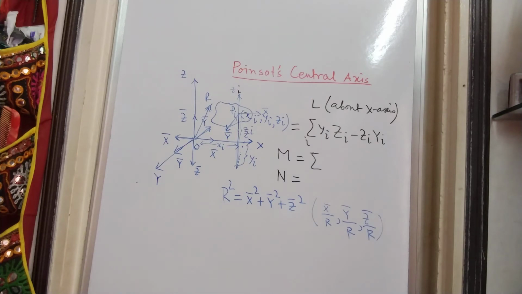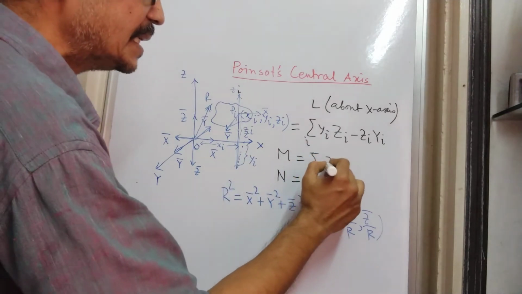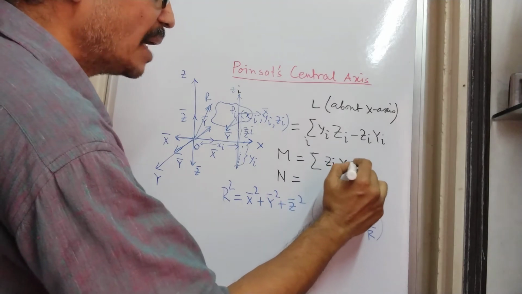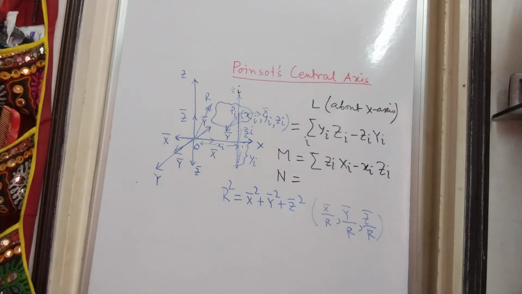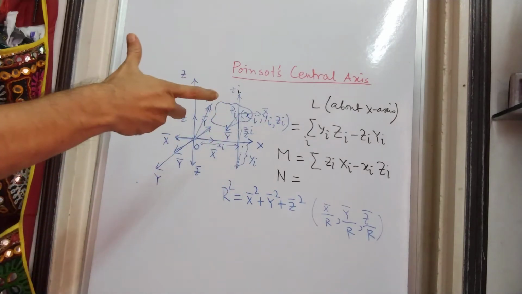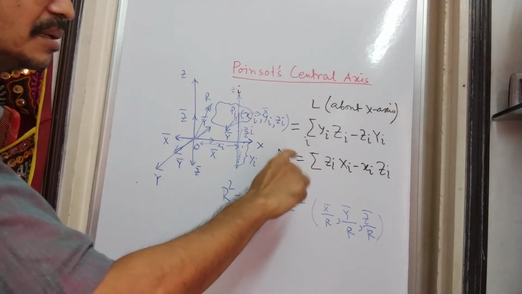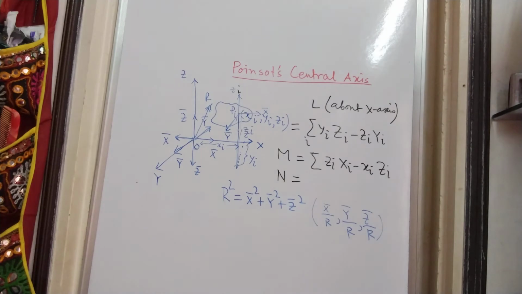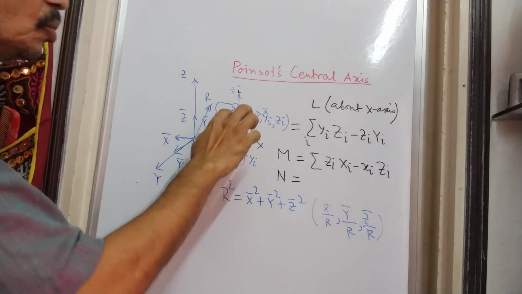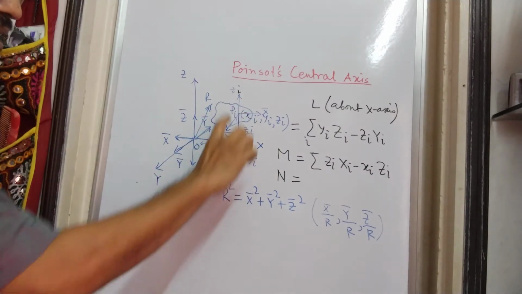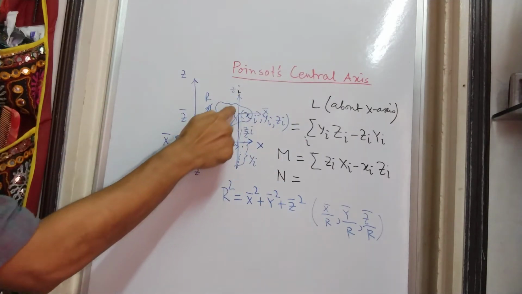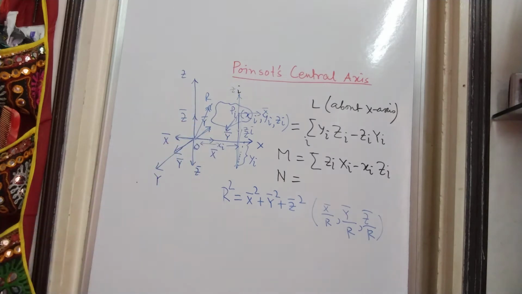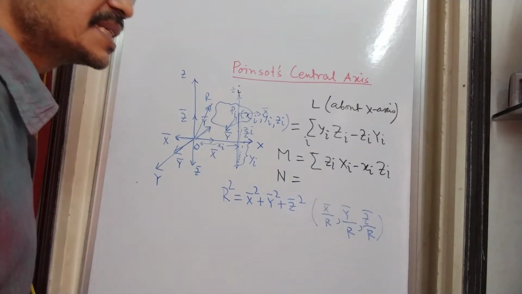And here also we have the summation as zi xi minus xi zi, because this xi and xi couple tend to make the body rotate in anti-clockwise direction, whereas when we consider the arm to be zi, this is the arm of these two forces. These two forces have the arm zi, clear from the picture. And this has clockwise effect.